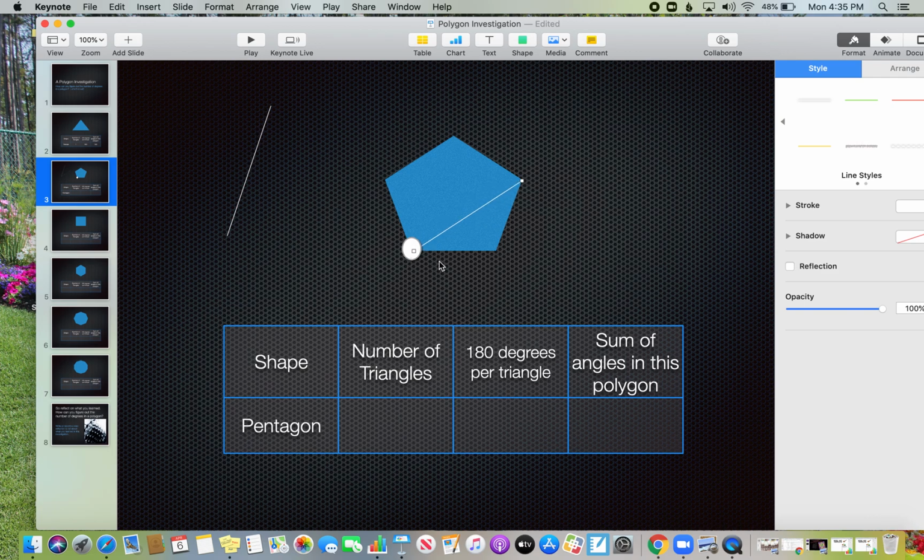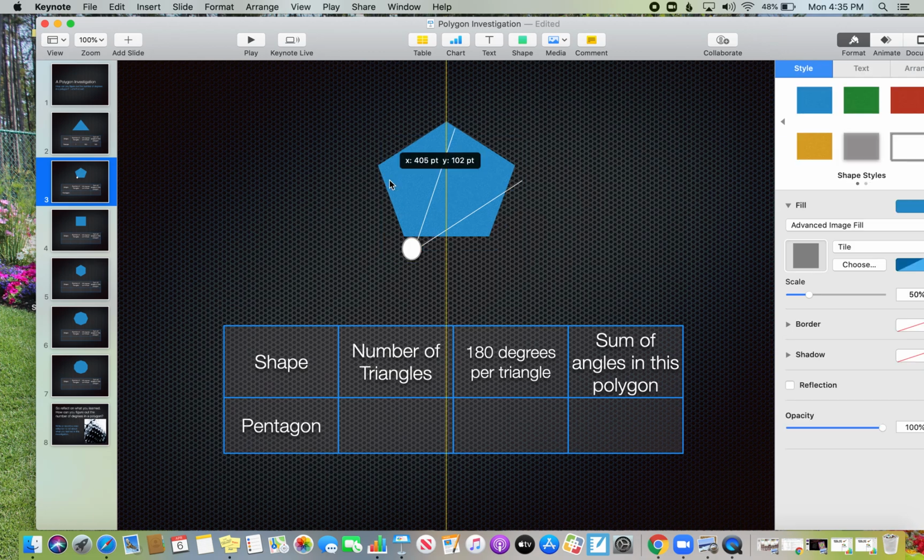I can't draw a line to this one because that would just be the edge of the figure. So opposite to here, that's one. Draw a line here, opposite to here. That's two. And I can't draw a line here because, again, that's just the edge of the figure.